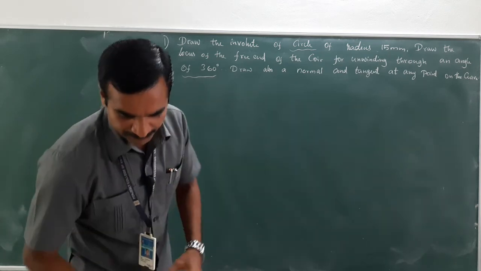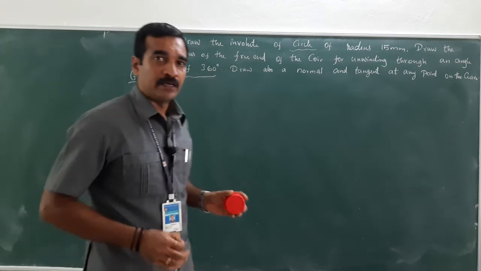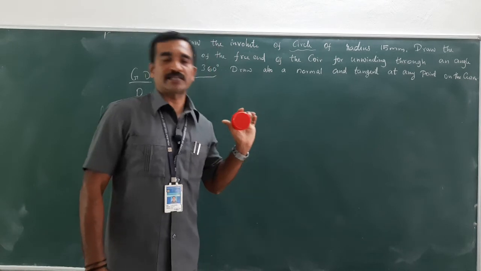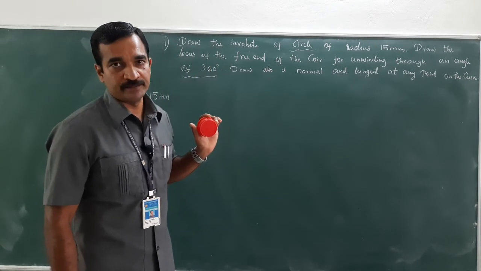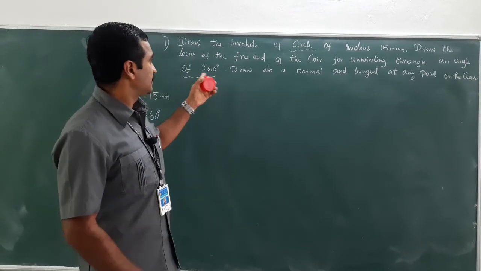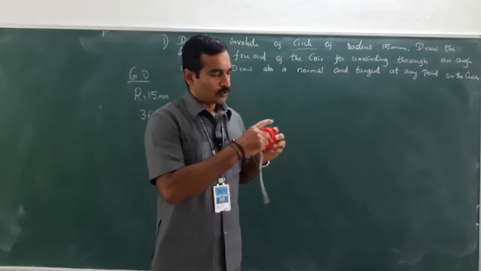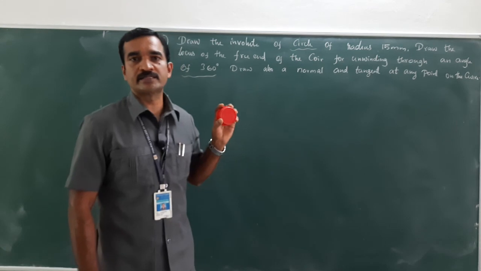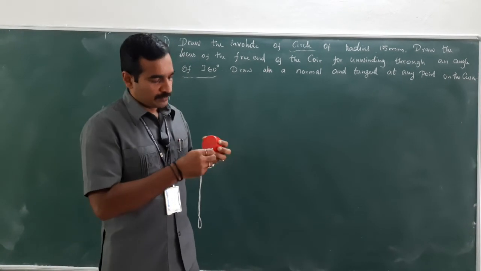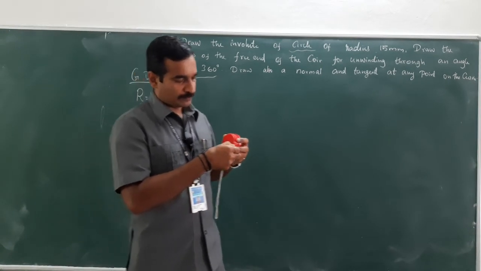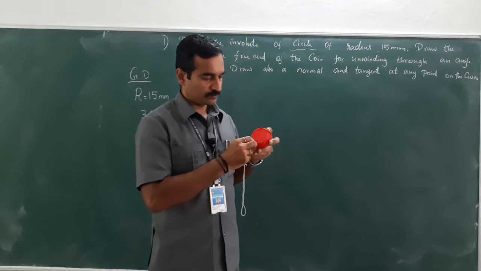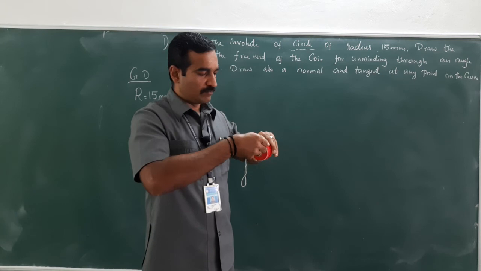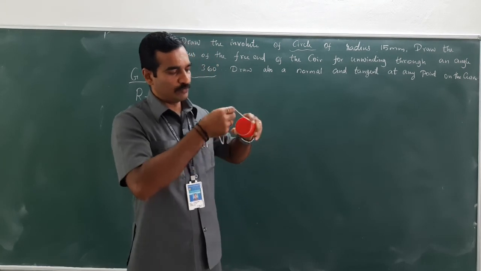I will explain with an object. This is a circular cross section object, isn't it? Here it says 360 degree, that means to complete one full turn it makes 360 degree. So what I am going to do is, this could be one full winding.